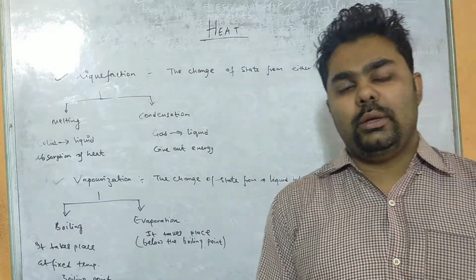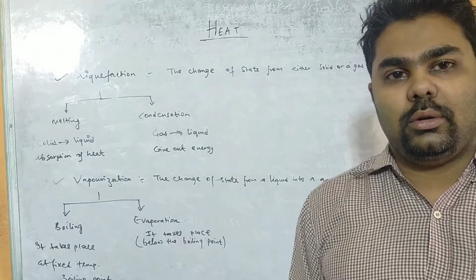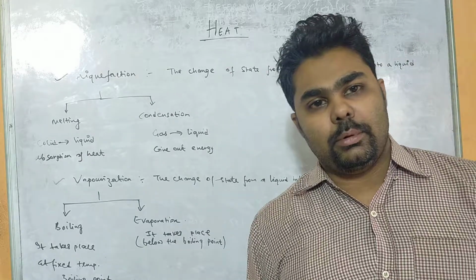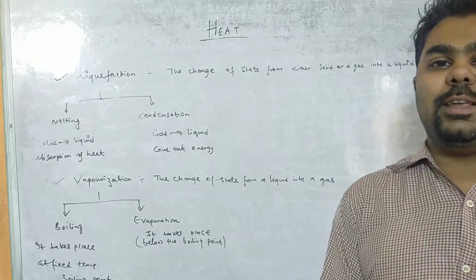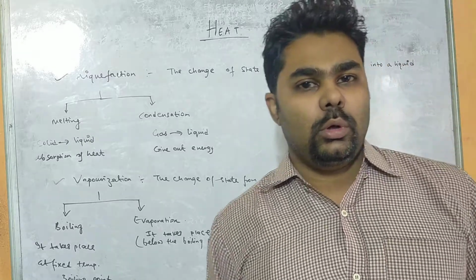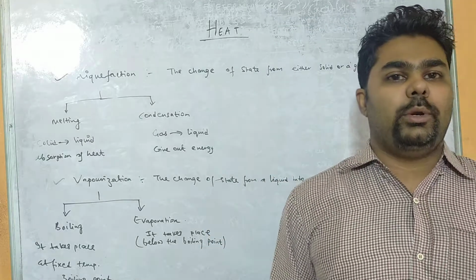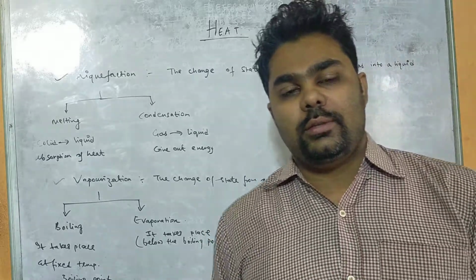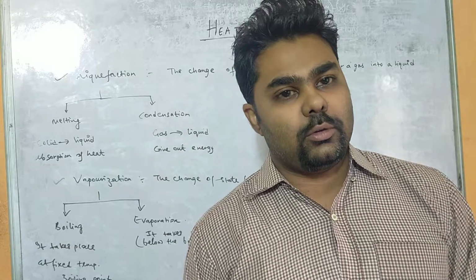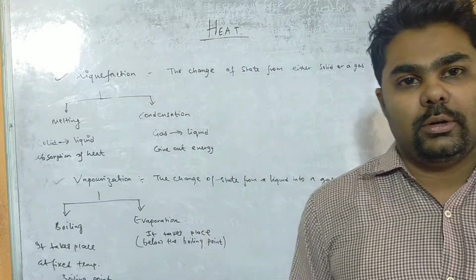And when a liquid is changing into vapor state or steam at any temperature, we call it evaporation, right? So evaporation takes place at any temperature that is below boiling point, whereas boiling is a process in which a liquid changes into steam or vapor at a fixed temperature called boiling point, right?